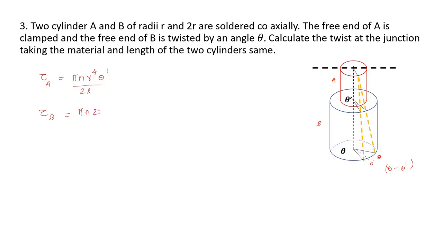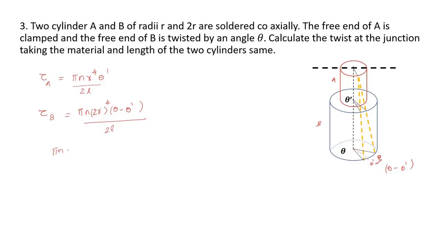So, it is 2r to the power 4, and the angle to which it is twisted, from theta dash to theta, is theta minus theta dash, divided by 2 into L. And we know that since it is reacting to the same external couple, tau of A should be equal to tau of B. So, let us equate these two.